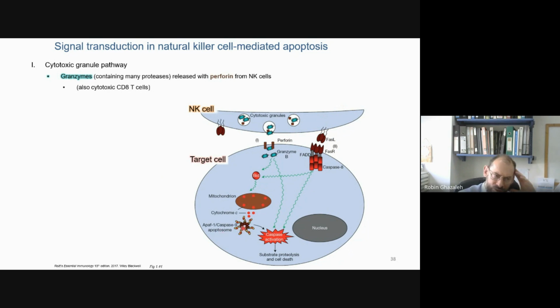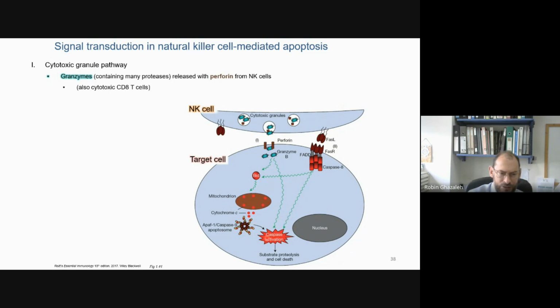It's a complex of proteins which function as a unit in order to result in apoptosis via effector caspase activation. So this is one pathway going via the mitochondria. Another pathway goes directly from the death receptor to the effector caspase activation.